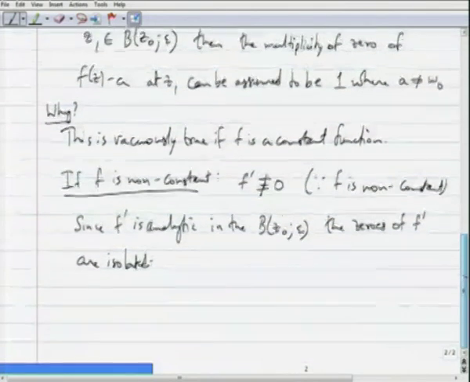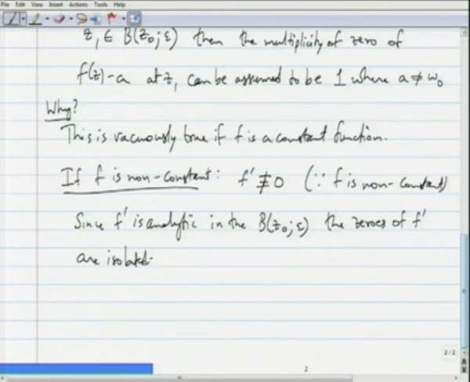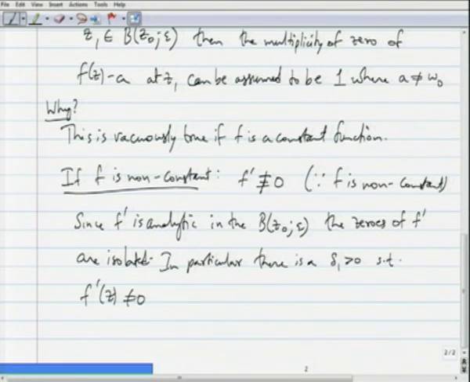Okay. So, in particular, there is a, let us say, delta 1 positive, such that f prime of z is not equal to 0 in B of z naught, delta 1. Okay.